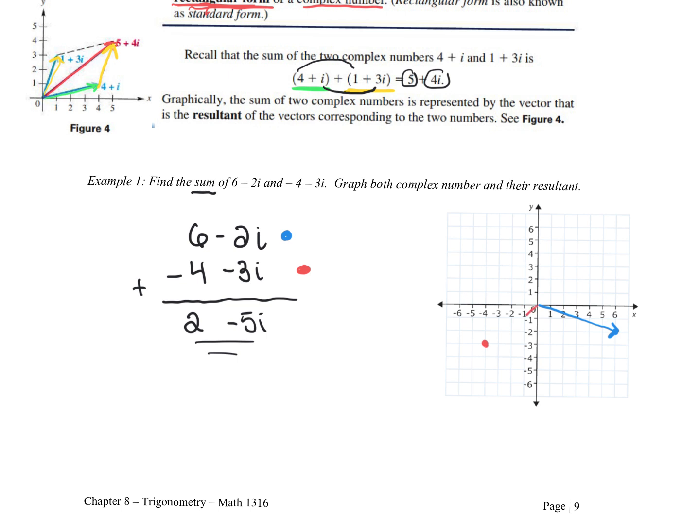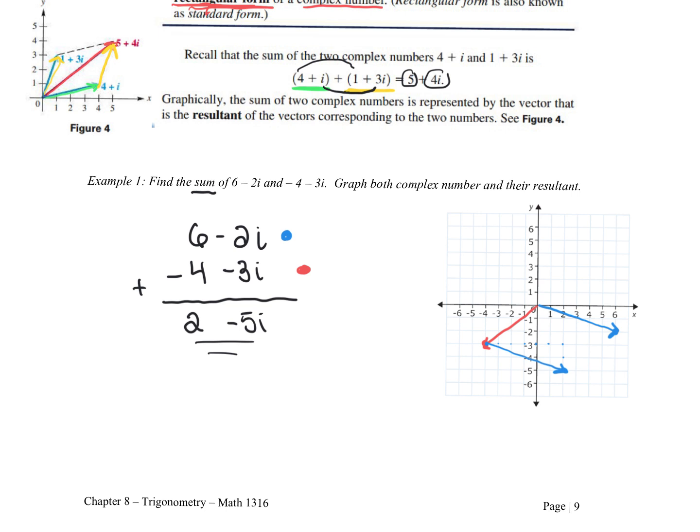Sorry, go backwards 4, left 4. The resultant should be somewhere in the middle, but remember, we can slide this blue vector over and make a parallelogram. So as long as I start right here and my net movement is 6 in the positive real, 1, 2, 3, 4, 5, 6, and down 1, 2.